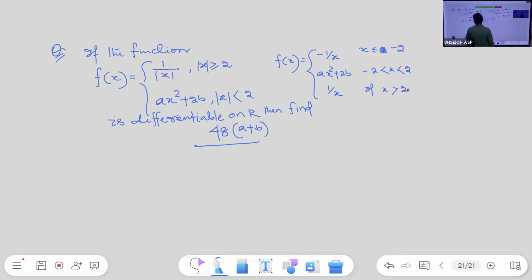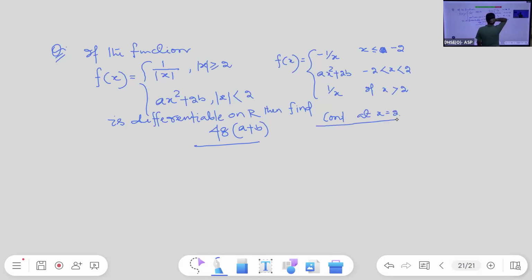Okay. It is given that the function is differentiable on the entire number line. If the function is differentiable, it is certain that the function will be continuous, okay? So let us check continuity first at x is equal to 2.